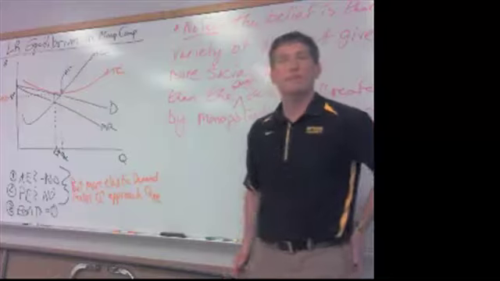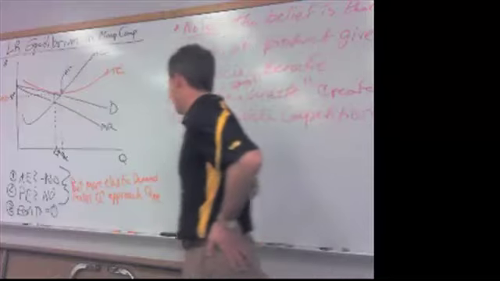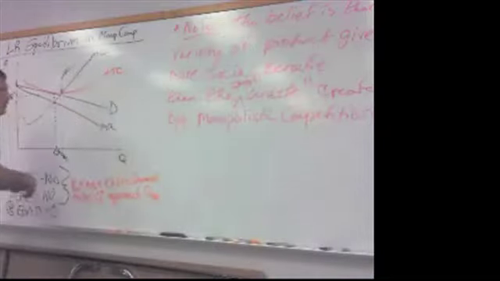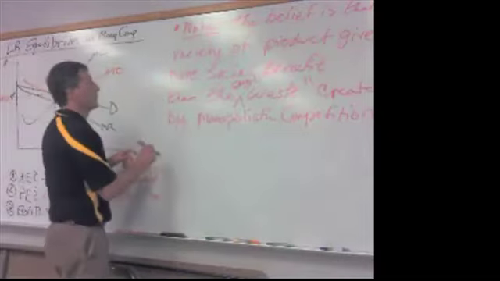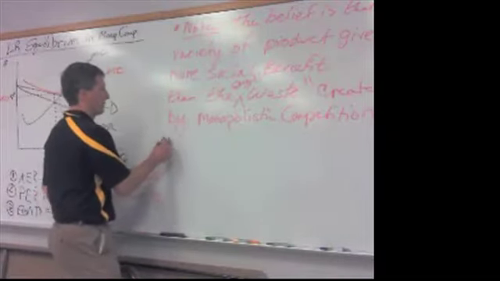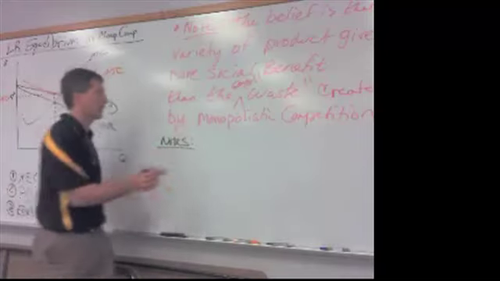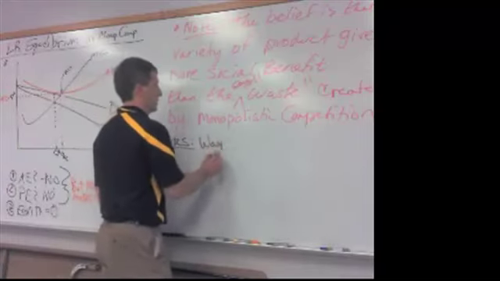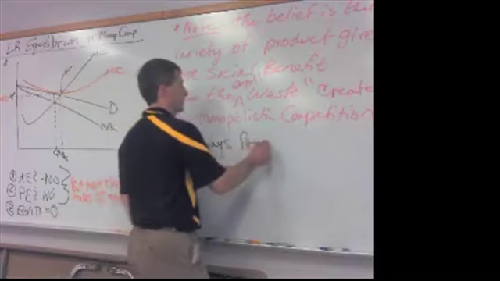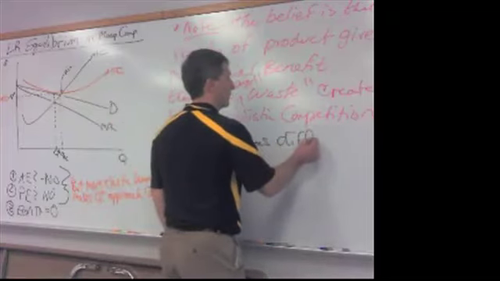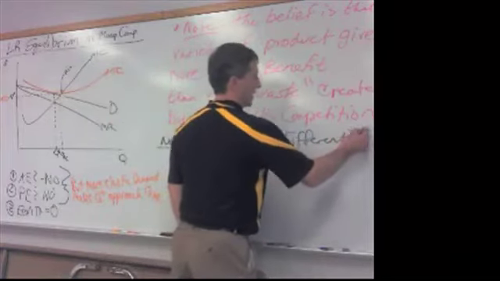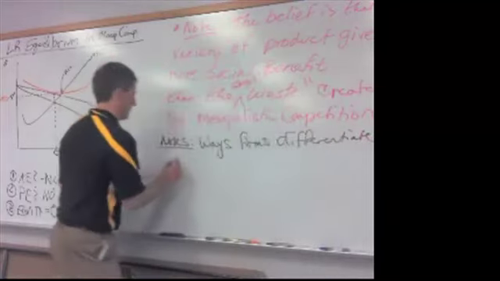Okay, I think the last thing I might add on to this before we move on to oligopoly is what we talked about was ways firms differentiate themselves. Ways firms differentiate. Just so you have it in your notes here.